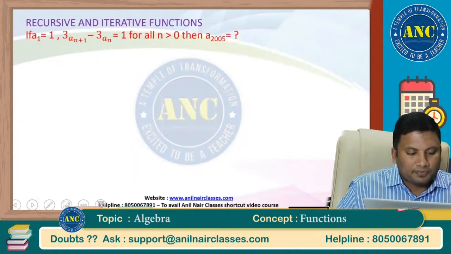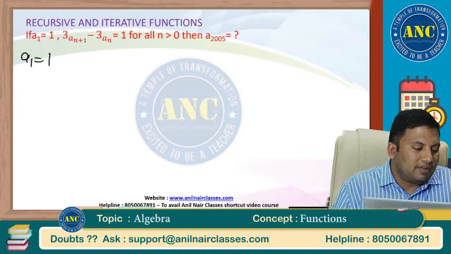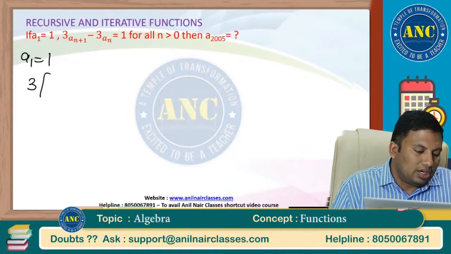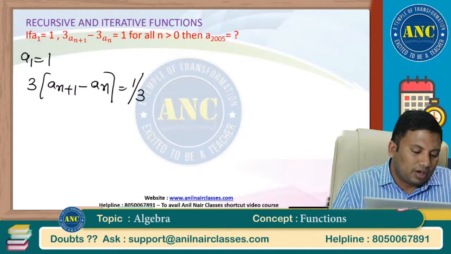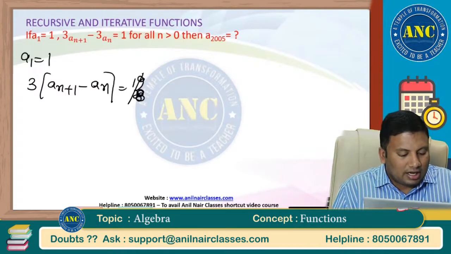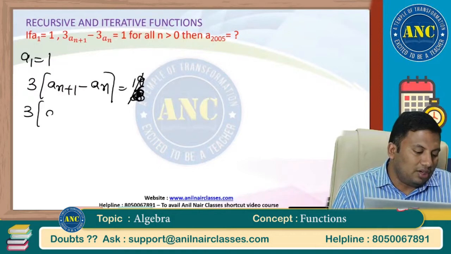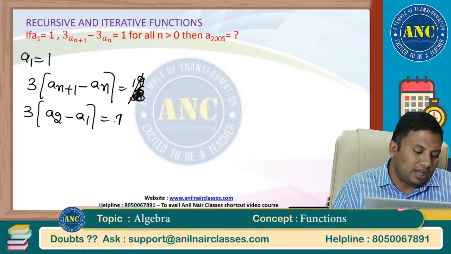Next question. A1 is equivalent to 1. A1 is given as 1. So 3 into a(n+1) minus a(n) is nothing but 1. Let us keep 3 there only. If n value is 1, 3 into a2 minus a1 is equivalent to 1.